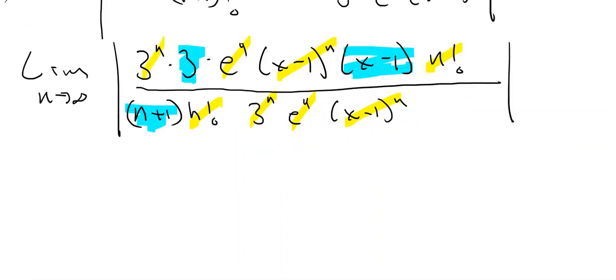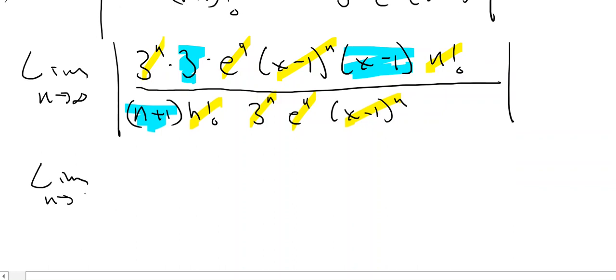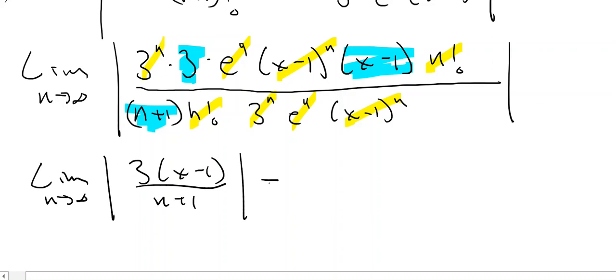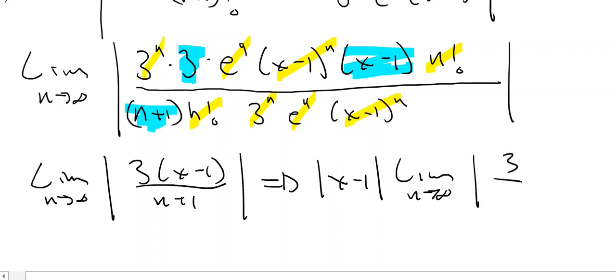So I now have the limit as n approaches infinity of 3 times x minus 1 over n plus 1, and then that becomes the absolute value of x minus 1 times the limit of 3 over n plus 1, because we can remove the term that has the x in it because it has no influence on the limit.